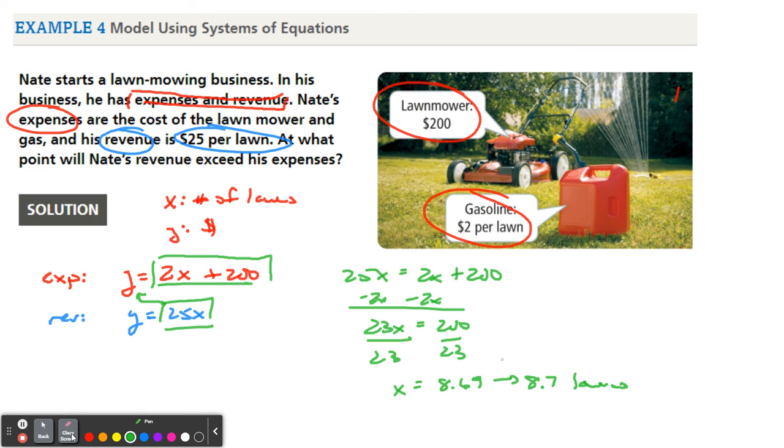So what we call this, 8.7 lawns, is called the break-even point. I'm going to just do a quick little graph real fast.